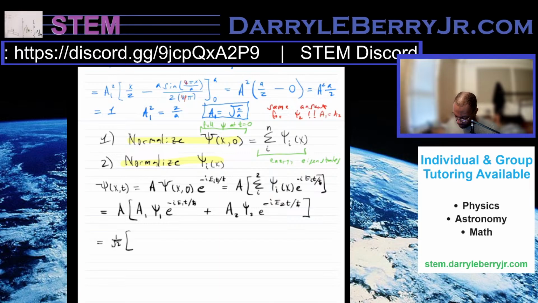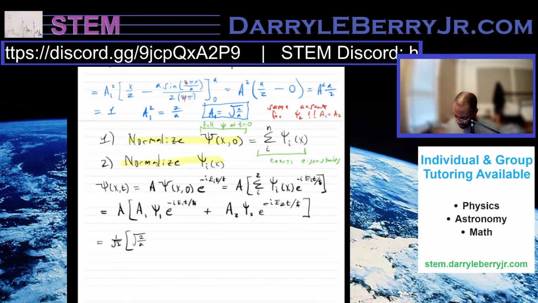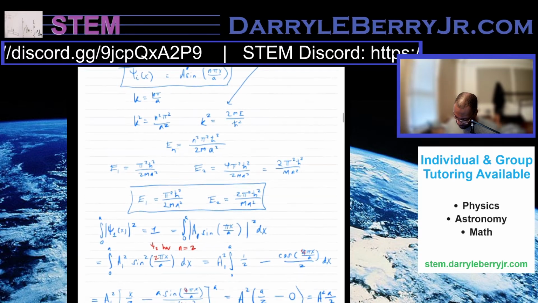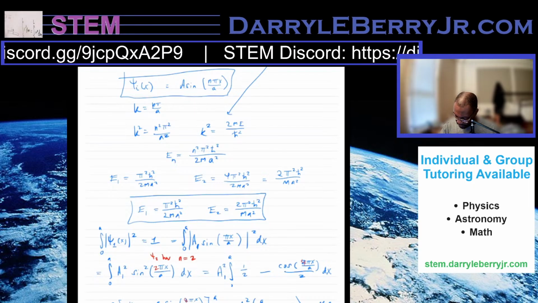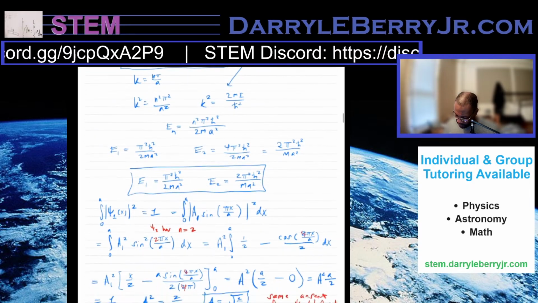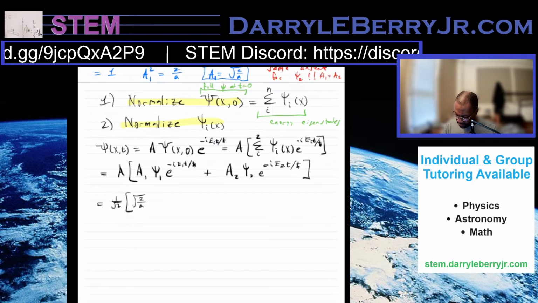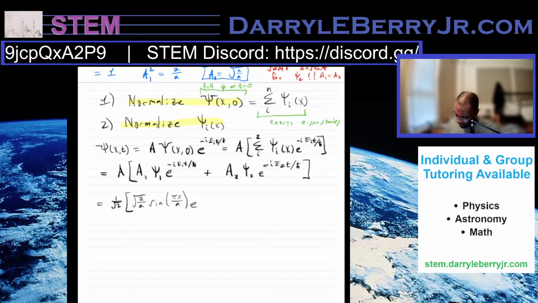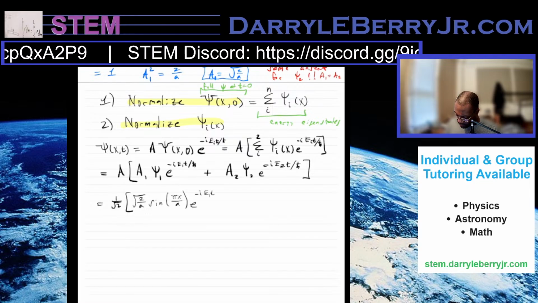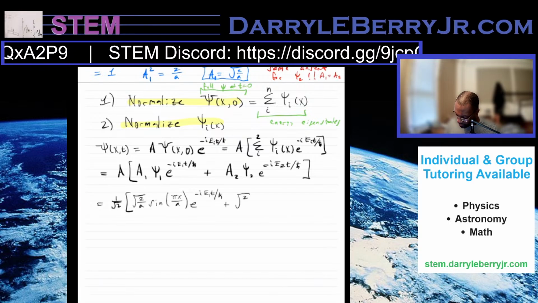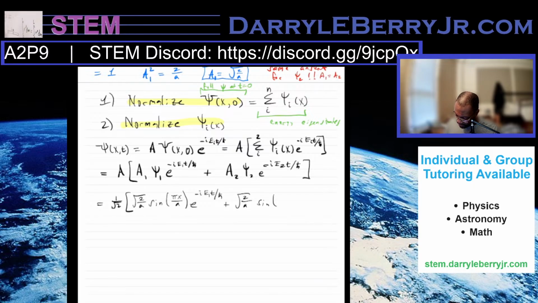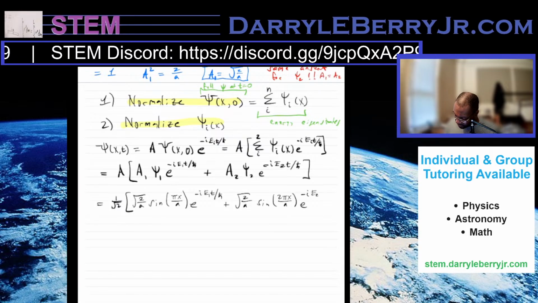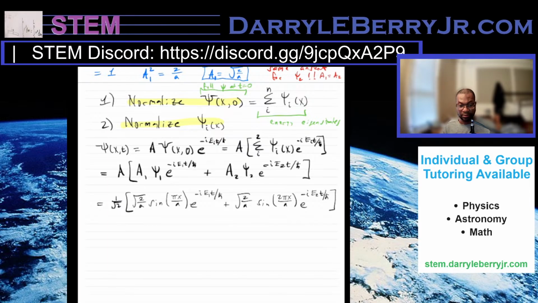So this becomes square root of 2 over a sine pi x over a e to the negative i E1 t over h bar plus square root of 2 over a sine 2 pi x over a e to the negative i E2 t over h bar, and close that.